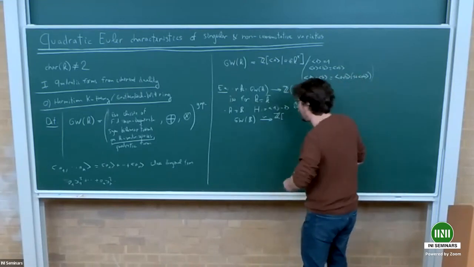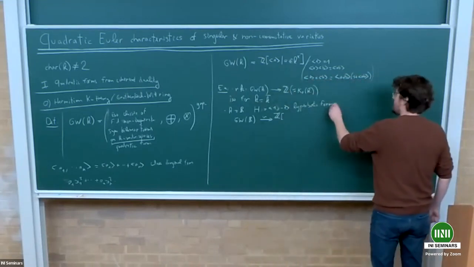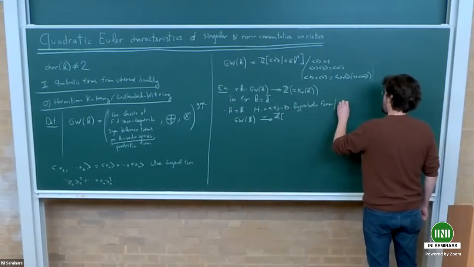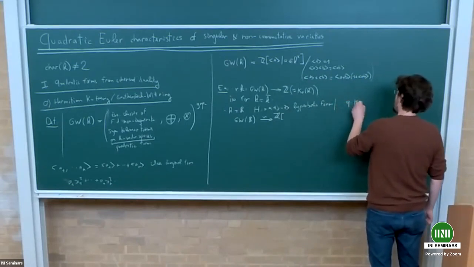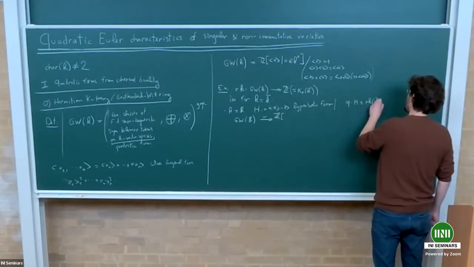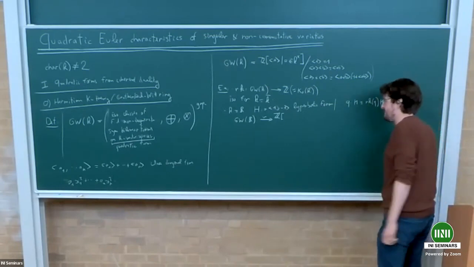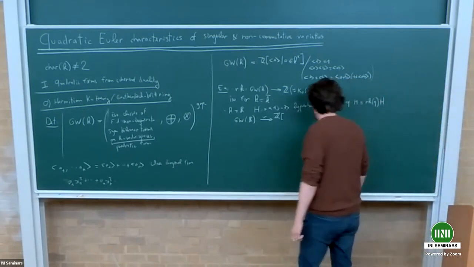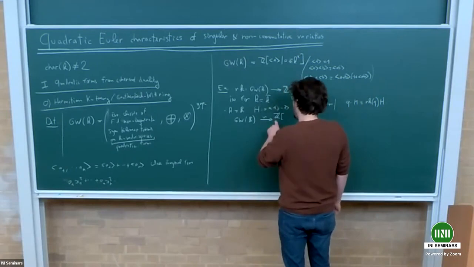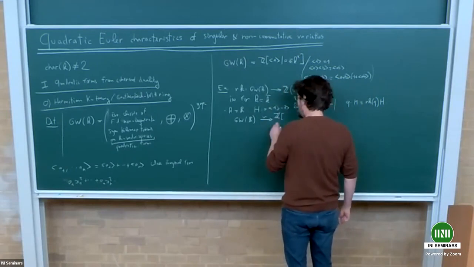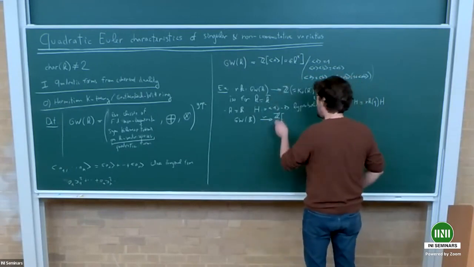So hyperbolic forms are somehow the trivial part of the ring, and indeed you can show that Q times H is rank of Q times H. So somehow it absorbs everything. So we're usually interested in the non-hyperbolic contributions.